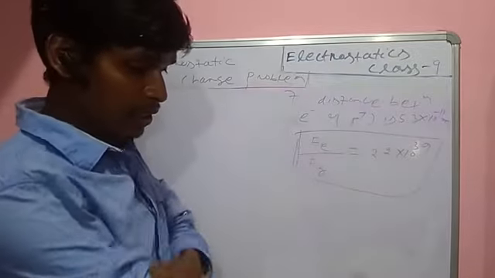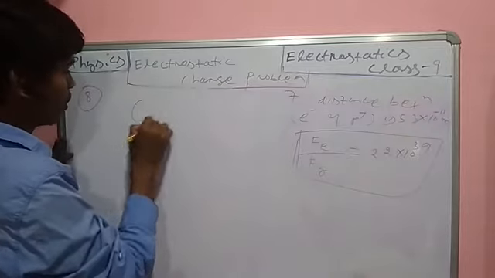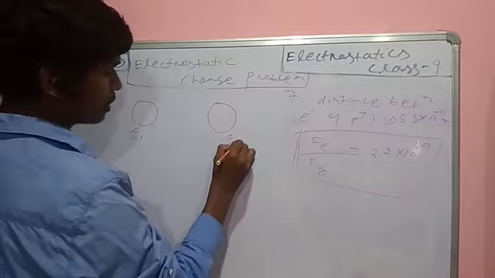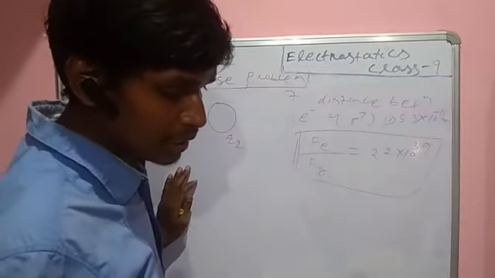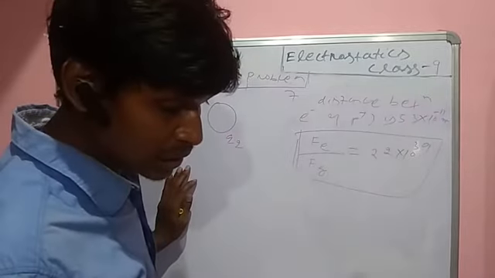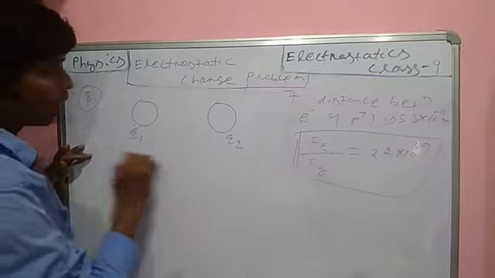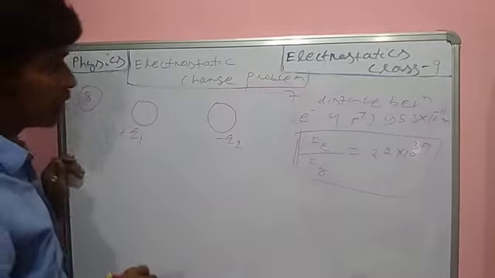Question number 8. Suppose two metallic identical spheres with charges Q1 and Q2, unequal charges but opposite charges: one is positive Q1, one is negative Q2. Listen.